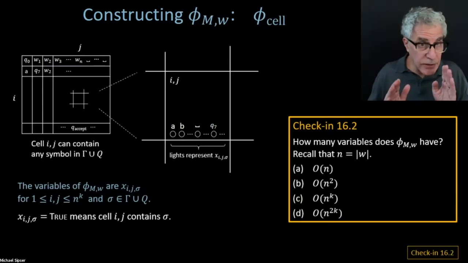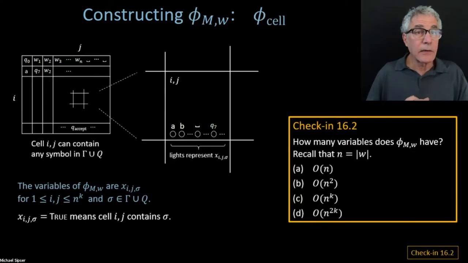Remember, k is the running time of the machine. Or n to the 2k? What do you think? I mean, in all of phi sub M, how many variables do we have altogether in this formula, if that's what the question is?